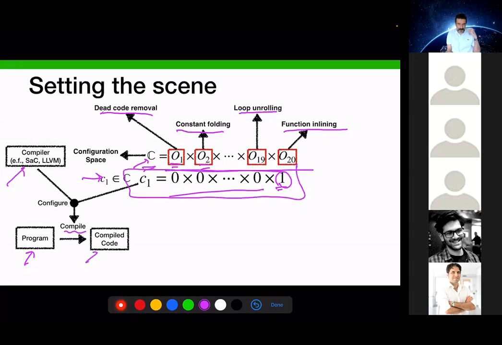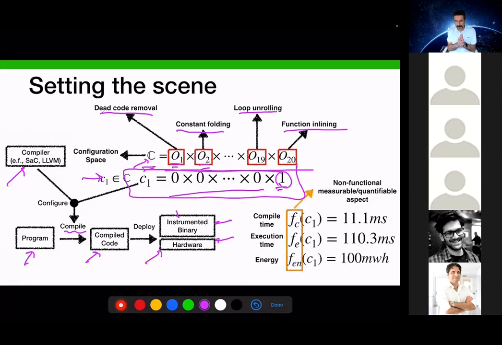We compile the code and deploy it on a piece of hardware. We have a specific hardware environment, and this is what we call the environment. We have some binary that sits on hardware, and we are able to instrument it and measure performance. This is the kind of setting we typically have.